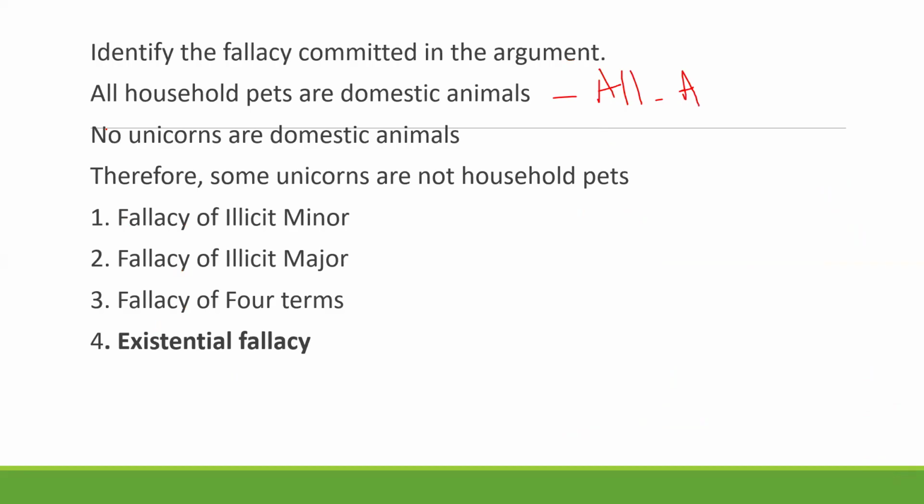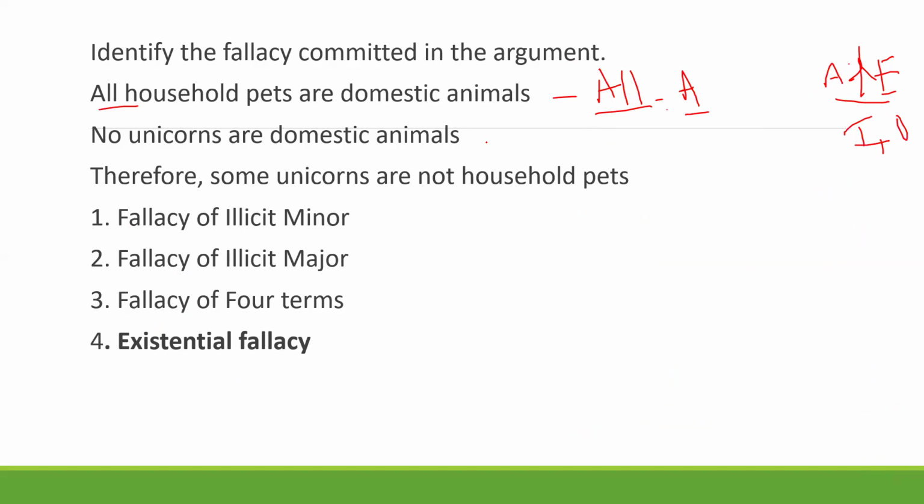Now we can say, all household pets are domestic animals, all. This is A type. The next one, what has to come? A or E type. Joining together, I am going to get a conclusion of I type or O type, particular. So all household pets are domestic animals, this is A type.